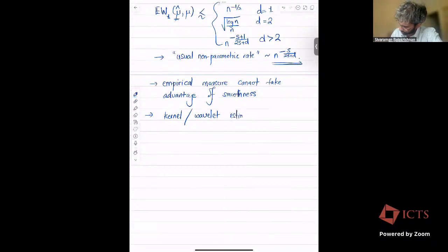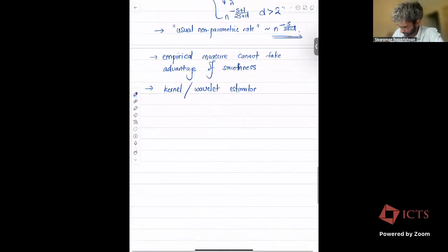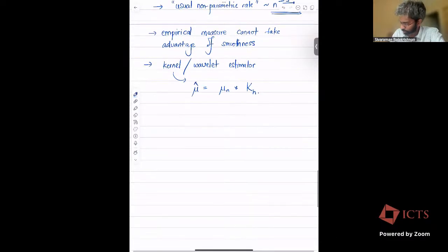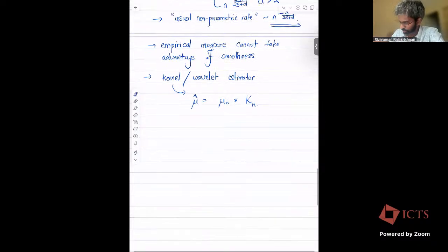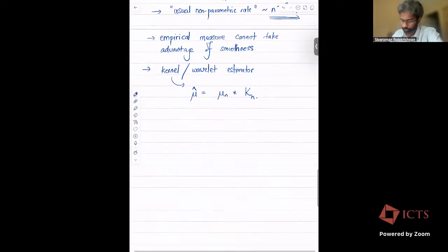If you haven't seen this before, maybe I'll just quickly tell you what a kernel estimator is. It looks like you take the empirical measure, but rather than use it directly, you convolve it with some kernel with some bandwidth h. So it sort of smooths out the empirical measure with an appropriate kernel with an appropriate bandwidth, and those are the kinds of estimators that achieve these faster rates of convergence.